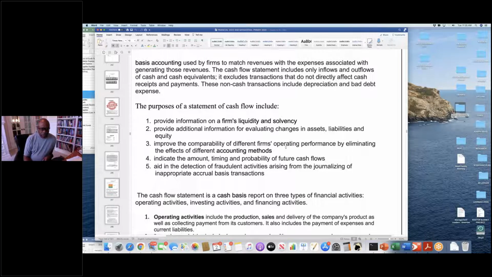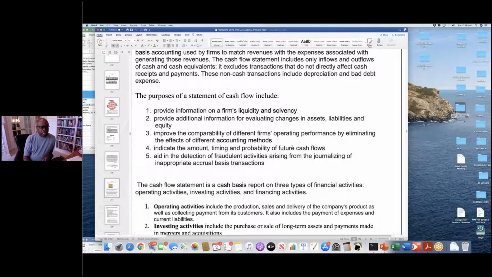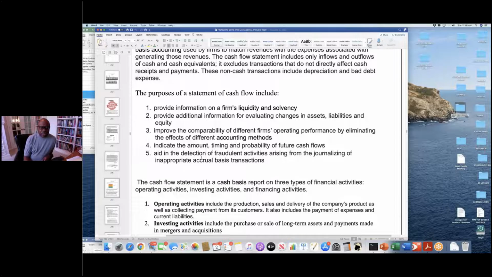There's more to investing than just looking at income and looking at a stock, but you compare companies. This indicates the timing and probability of future cash flows. And as I say here, it aids us in determining fraudulent activities from making inappropriate journal entries, as companies were doing.